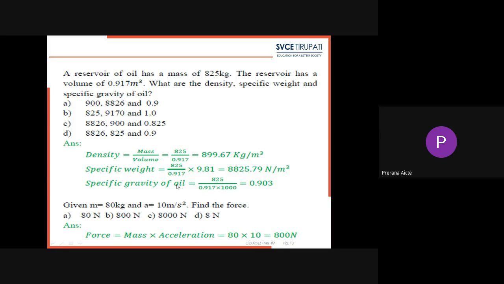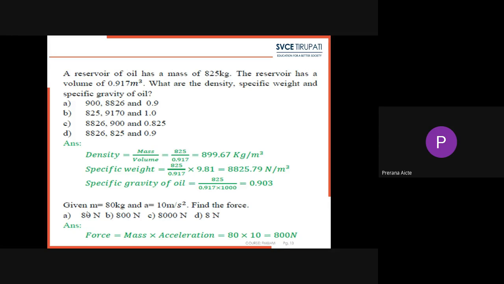So unit weight of the oil is given as 825 by 0.917 into 1000, divided by unit weight of the standard fluid. Here standard fluid is water. So the water is having the unit weight 1000. So by substituting those values, we can get the specific gravity of the oil as 0.903.